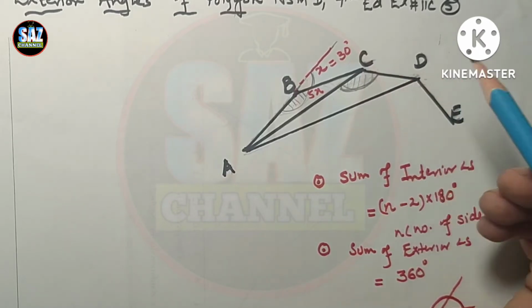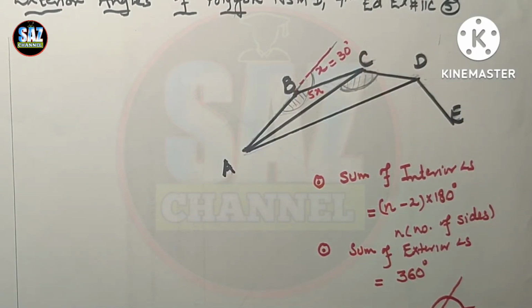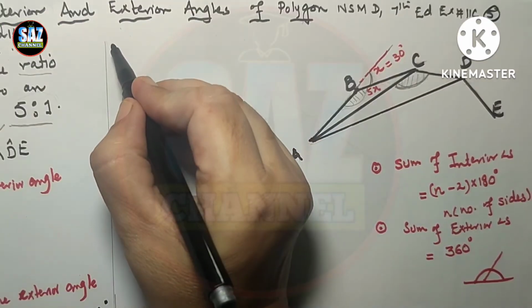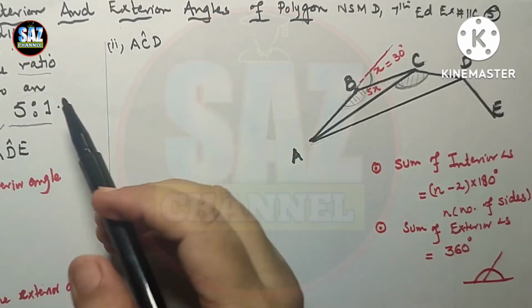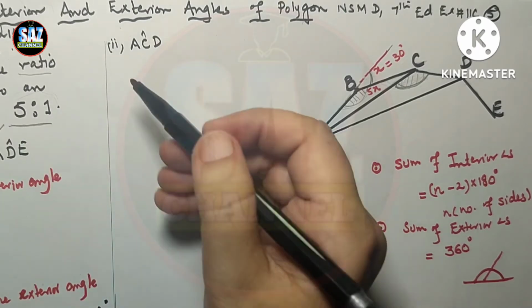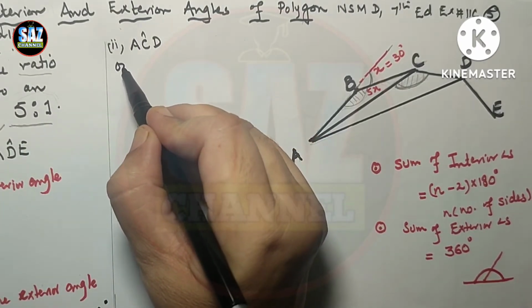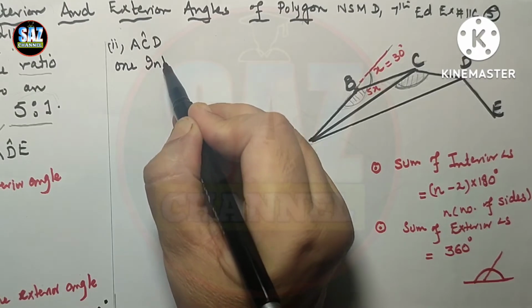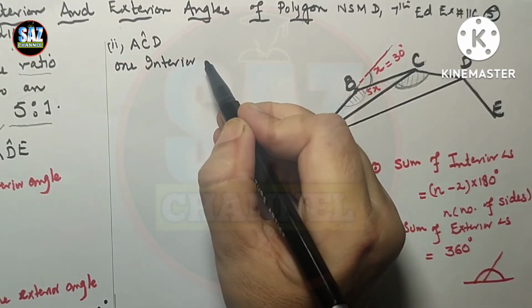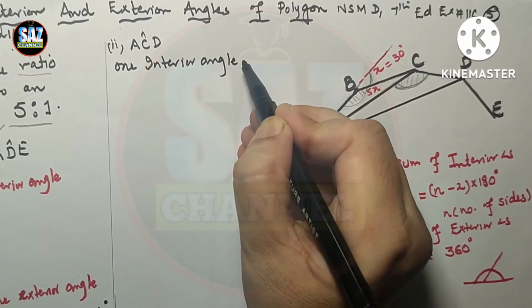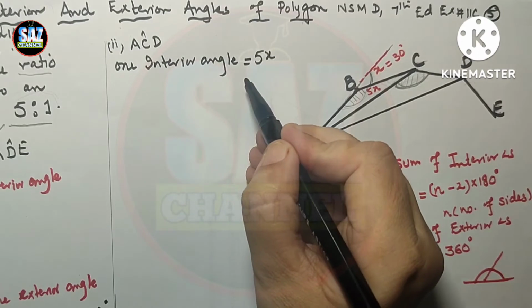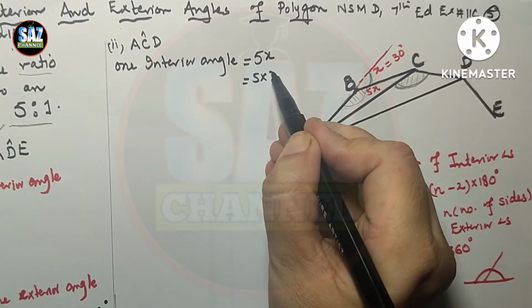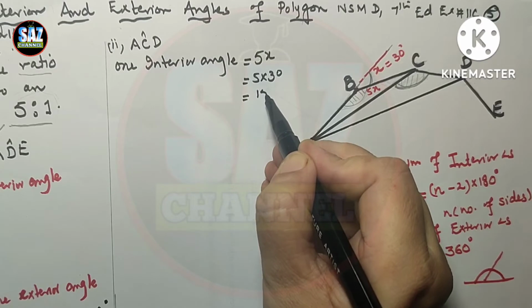So we have to use the given ratio, that the ratio of interior to exterior angle is 5:1. So one interior angle of this polygon will be 5 times x, that is 5 times 30 equals 150 degrees.